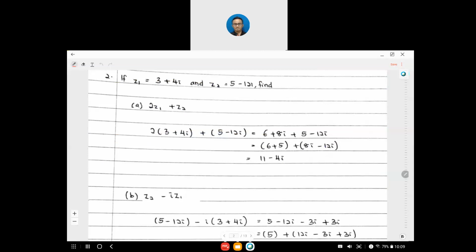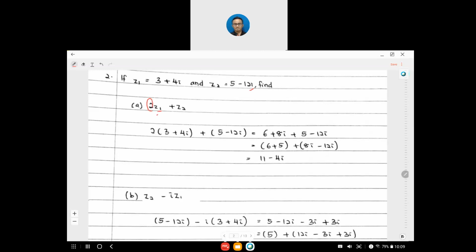If Z1 equal to 3 plus 4i and Z2 equal to 5 minus 12i, find A, 2Z1 plus Z2. Okay, so this one you need to times by 2 for Z1.